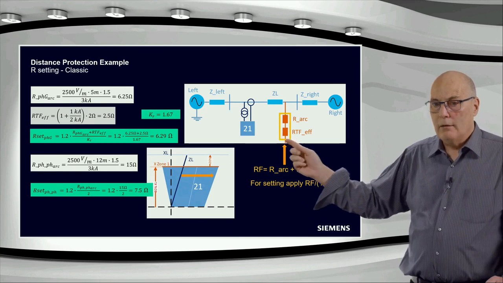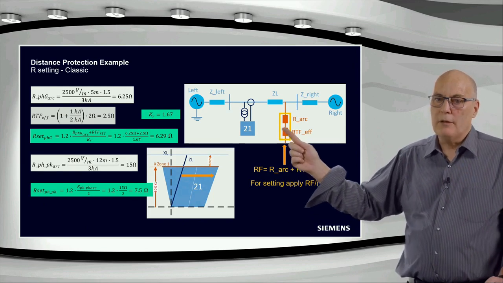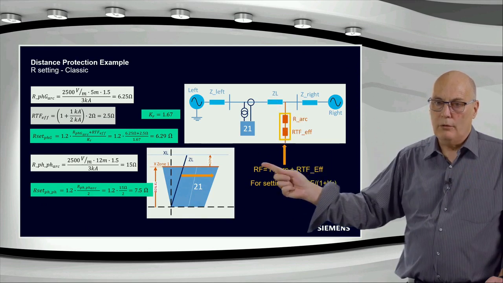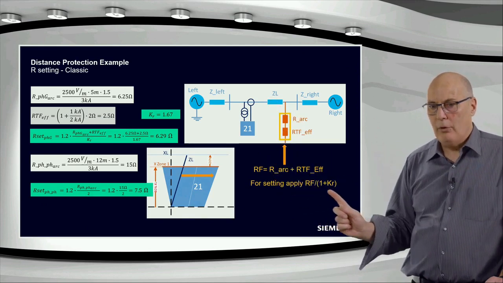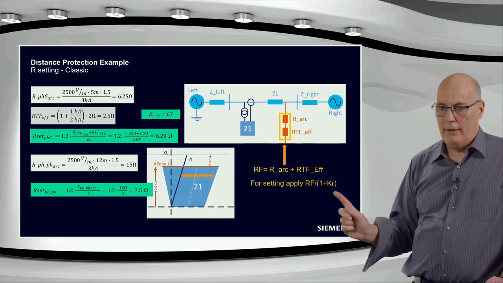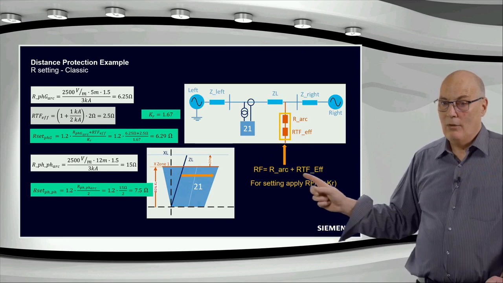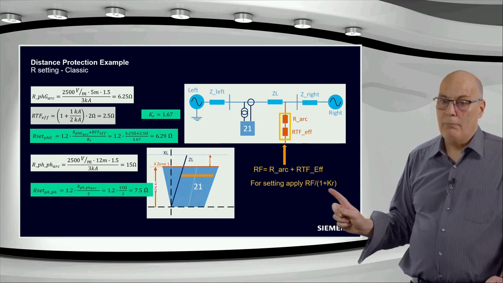And the way the method of measurement deals with it, it separates it into one portion into the positive sequence and one portion into the ZE. And that separation factor is this 1 plus KR. So what actually appears in the measurement with the classic is not RF, but RF divided by 1 plus KR.